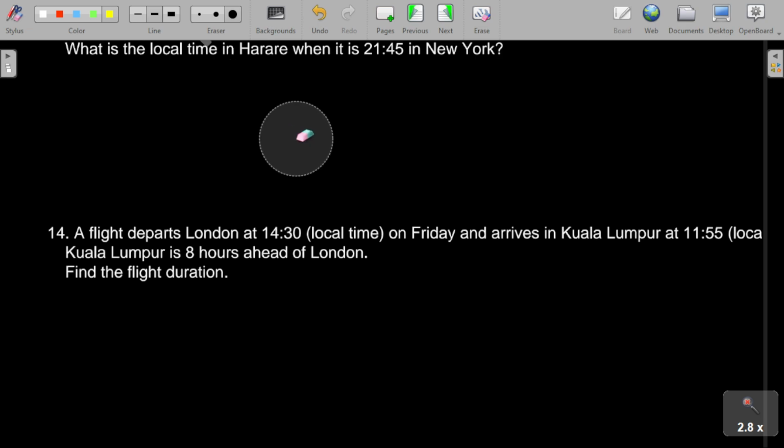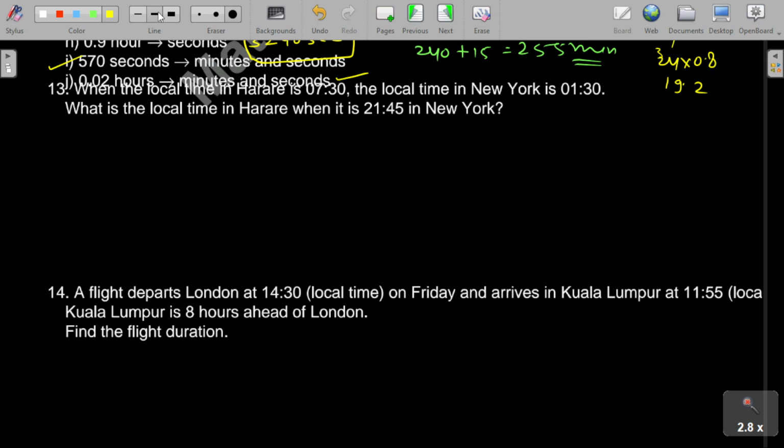Okay, 13th. When the local time in Harare is 7:30, the local time in New York is 1:30. What is the local time in Harare when it is 21:45 in New York? So this question is based on time zones.